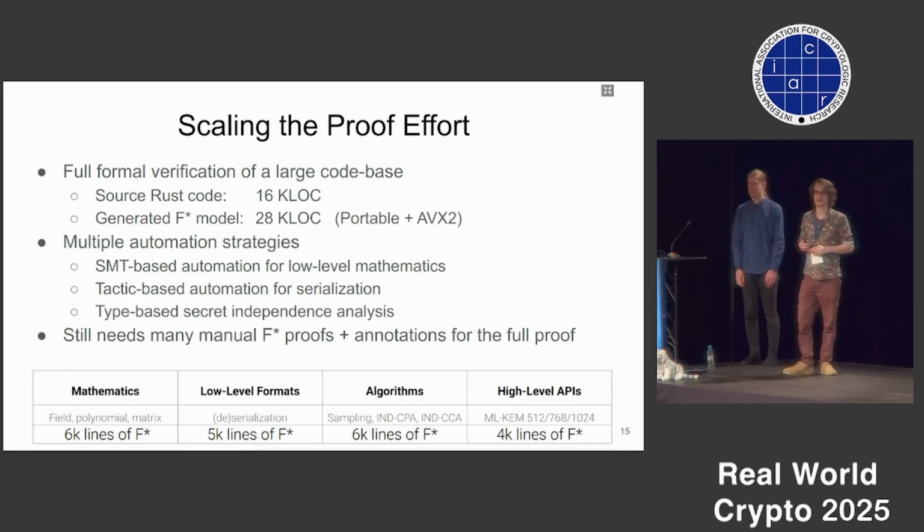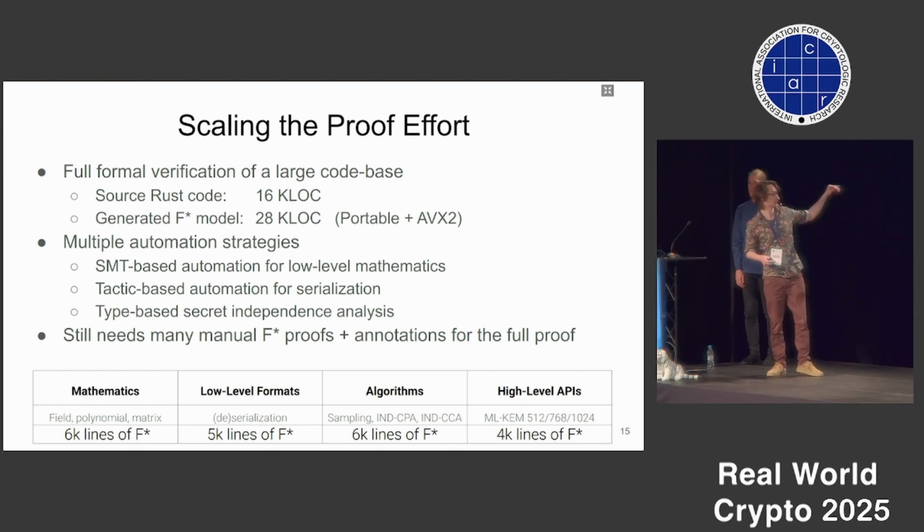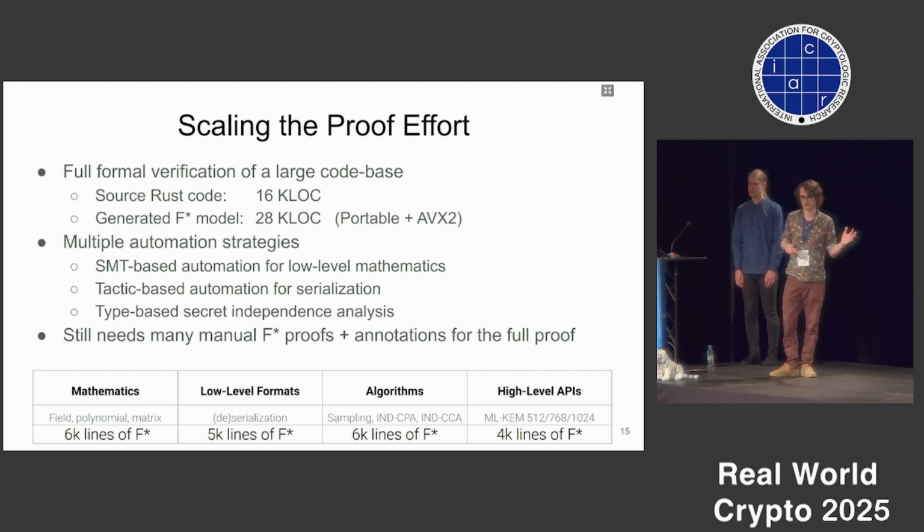Okay, so we've been looking at a few examples and how we prove them. But really, as you can see, the Rust code is already quite big. The F* code is even bigger. So the key to our success in proving our Rust implementation was automation. We resorted to multiple automation strategies. First, for mathematical bits, we used SMT-based automation.